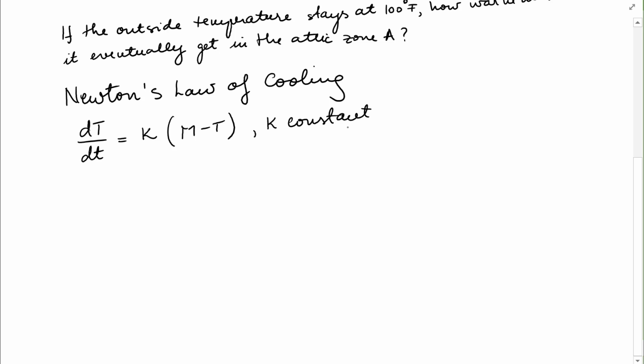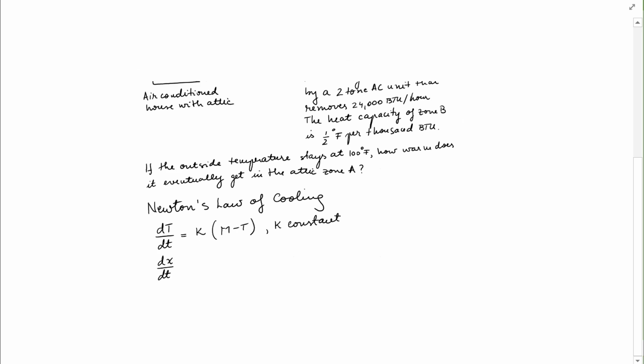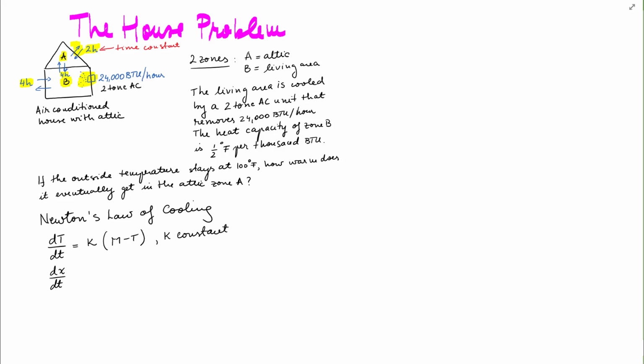So in our case, x of t is the temperature in zone B, and y of t is the temperature in zone A.